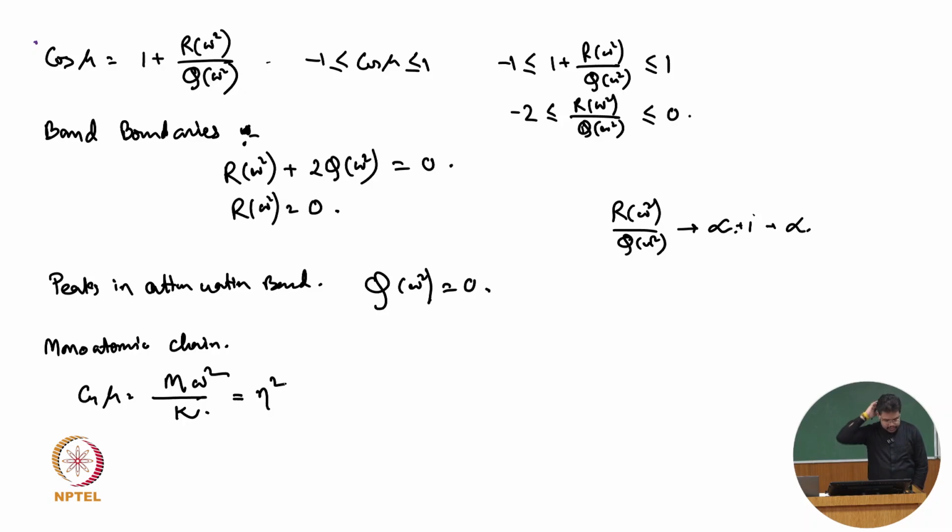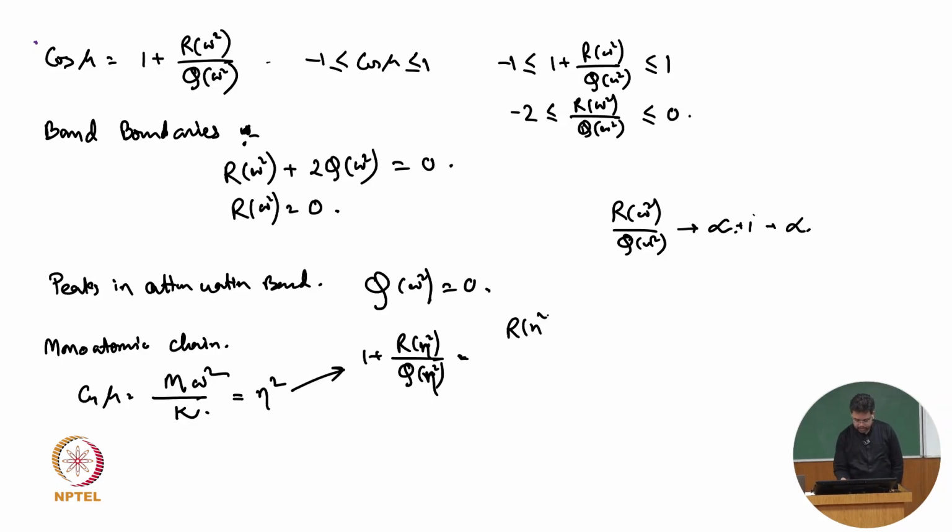If I write it in terms of r of eta square divided by q of eta square, then what is my r of eta square? r of eta square equal to eta square minus 1, and q of eta square is equal to 1.